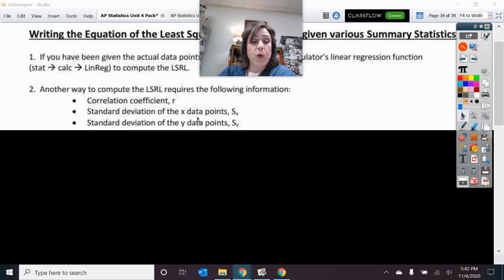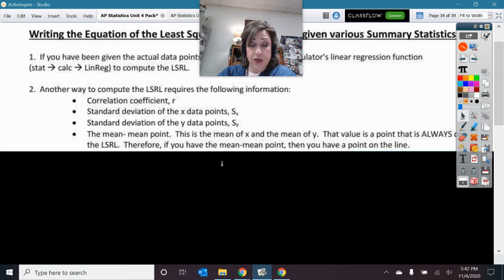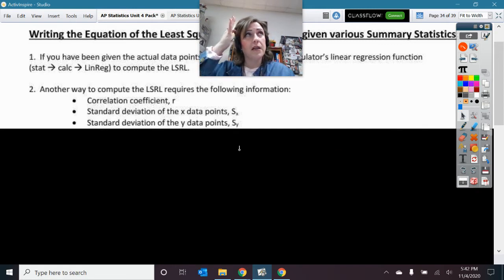You also know how varied the x's are, so you have the standard deviation of the x's, and you know how varied the y values are. So we also are given this third item, because what things do we need to do a linear equation? Slope and y-intercept.